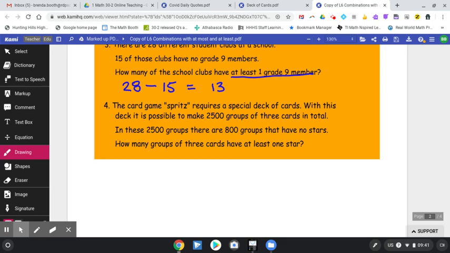So if I take that 2,500, the total number of groups, and subtract the ones that have no stars, then I would have 1,700 hands that do have at least one star.